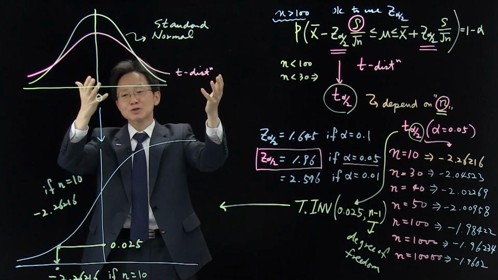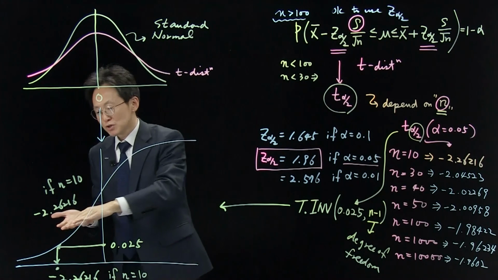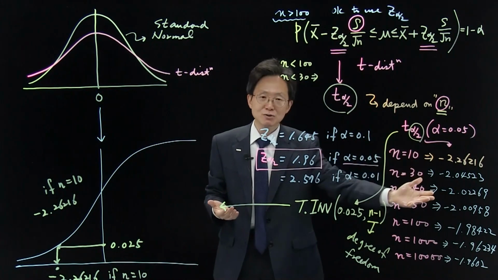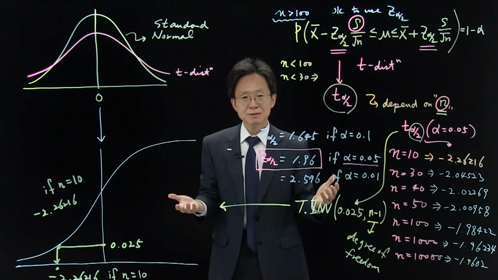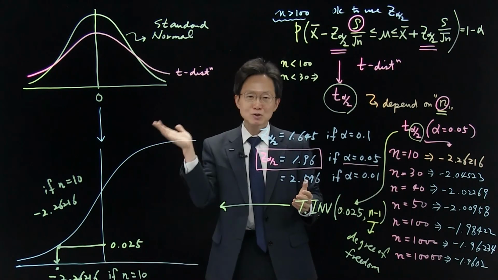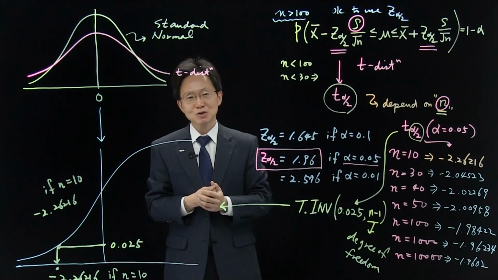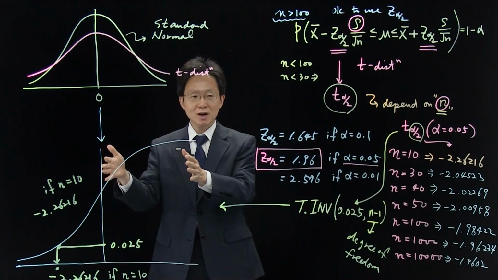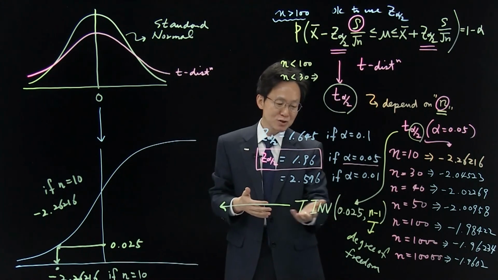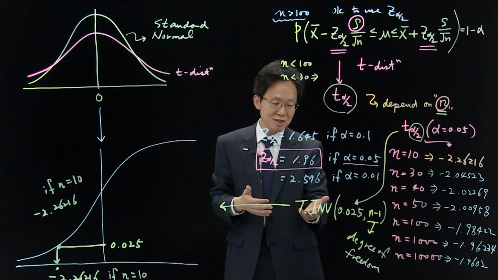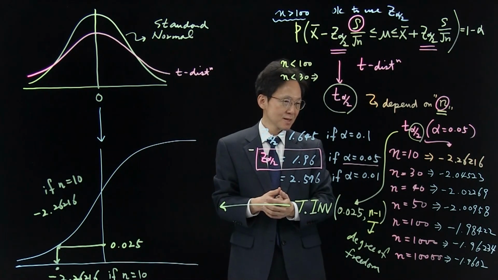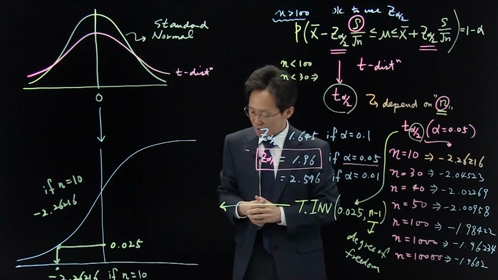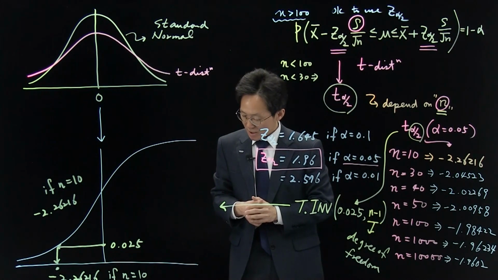Using the cumulative probability function to estimate these values is the same also, right? There is no difference between the normal distribution and the t distribution. So I hope this helps you understand why we needed to use the t dot inverse function, and how to calculate these t multiples.